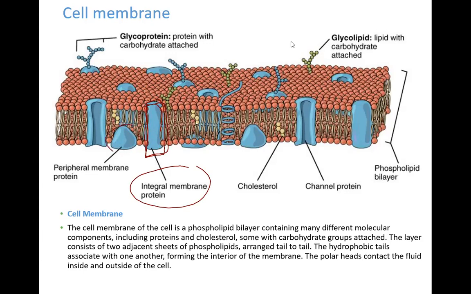Here is a peripheral protein on the side, here on the inside. Peripheral proteins usually only show up on one side of the membrane. They do all sorts of things, like function like enzymes or identifiers, or they help with the channels or the carrier proteins. The carrier proteins and the channel proteins are going to go all the way through from one side to the other. That's why they're called integral. They extend all the way through the membrane.